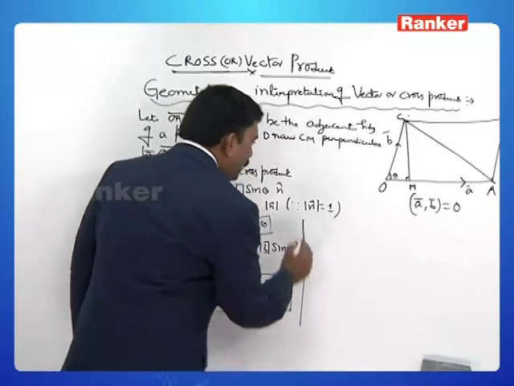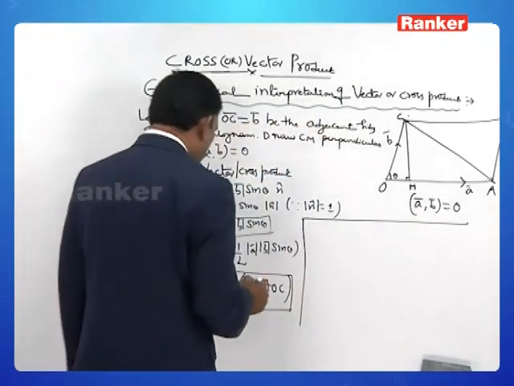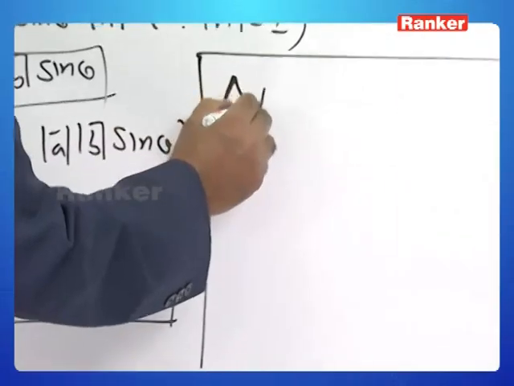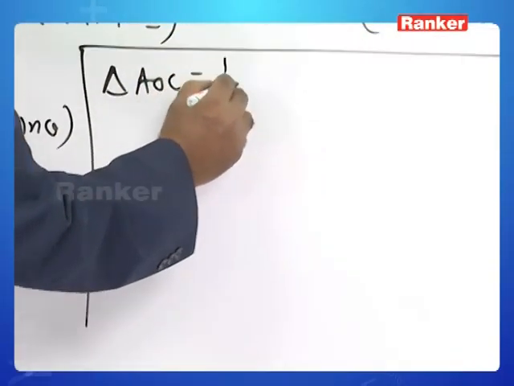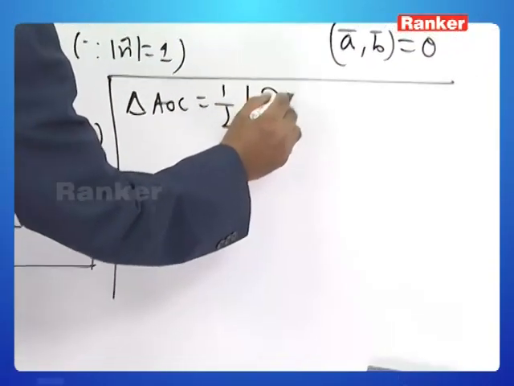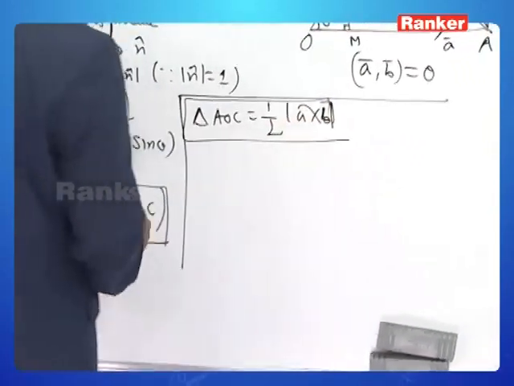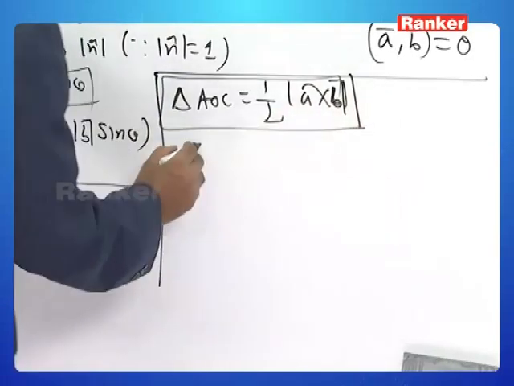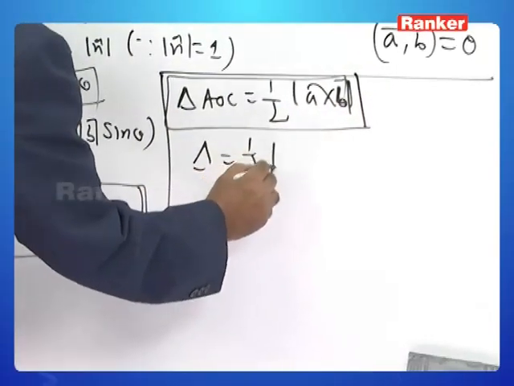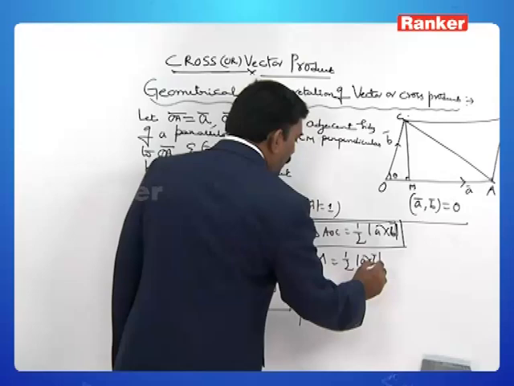Now you can very well observe. So therefore, area of triangle AOC is equal to half into modulus of A bar cross B bar, which implies area of a triangle is equal to half into modulus of A bar cross B bar.